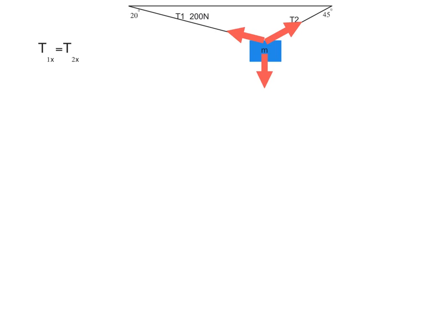This is going to equal the other X direction tension. So that's going to be then T2X. There we go. So this X force has to equalize this X force.